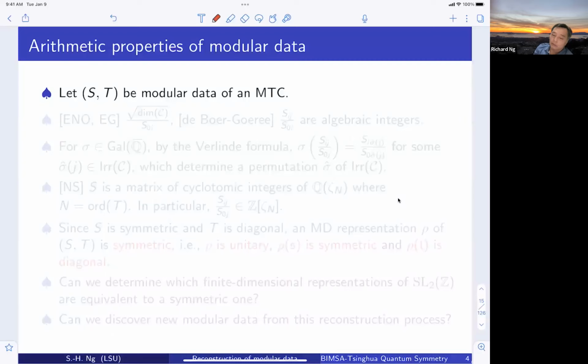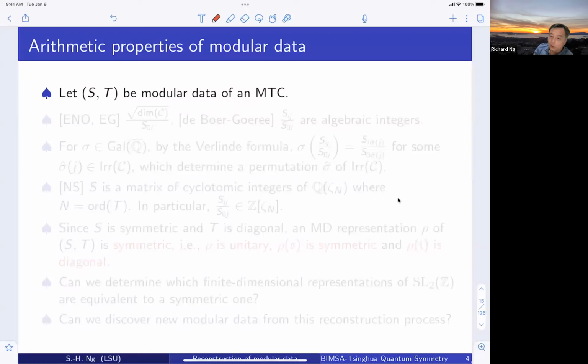Can we use the character of the finite modular group to determine whether there is a finite family of modular categories, or whether it is empty, or may not be realized? To this end, we need some properties of MD representations and the arithmetic properties of modular data. These are the properties we will use to work out whether a given representation of SL2Z is realizable by a modular tensor category. And from a computational point of view, you can actually implement this determination.